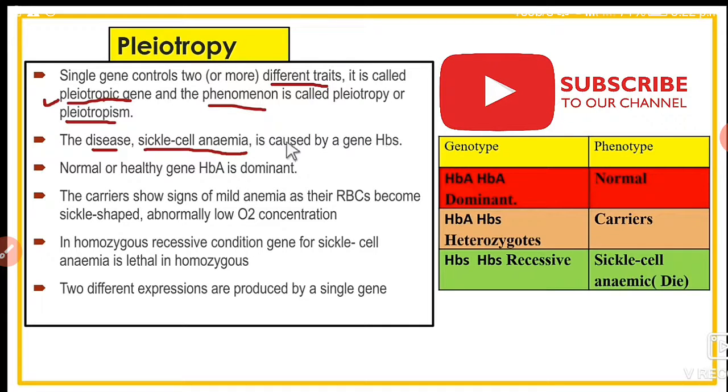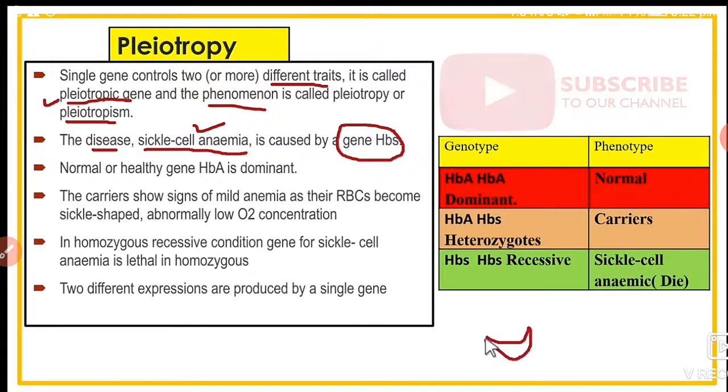In 9th and 10th standard, we have studied that in this disease the red blood cells become sickle-like, and due to this, O2 transportation becomes less. So it is called sickle cell anemia.